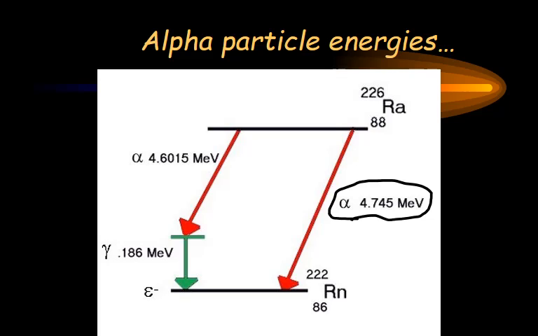Now, it's possible that instead, we have the alpha particle shoot out with less energy. Therefore, the nucleus is still in an excited state, and then it will shoot out a gamma ray of 0.186 MeV. And so both are possible. The nucleus itself, just based on the probabilities of decay, will have different types of decay.